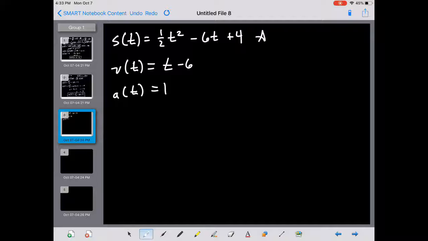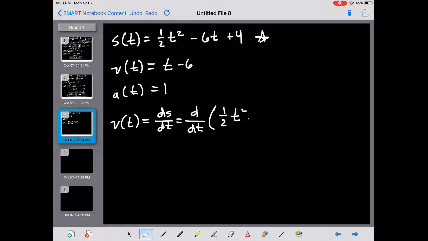If I want to get from s of t to v of t, I need to take the derivative of s of t. So v of t is equal to ds dt of 1/2 t squared minus 6t plus 4.